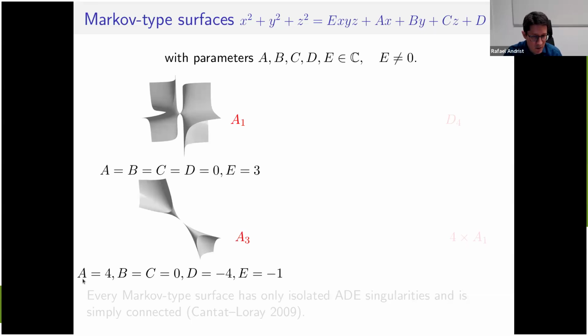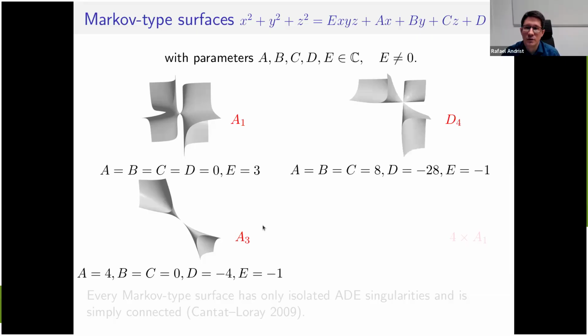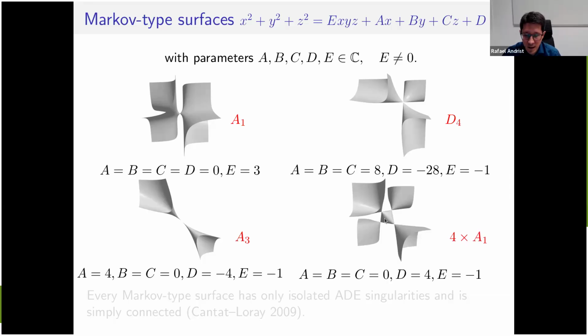If I make some special choices here for these parameters, I can get a singularity of type A3. There's also one special configuration where I can get a singularity of type D4. And there is another configuration where I get 4 times the singularity A1.